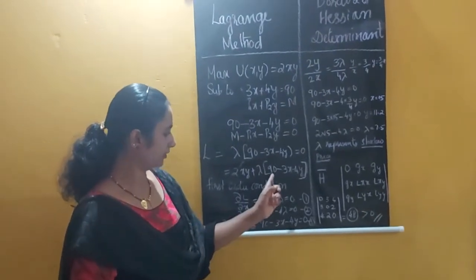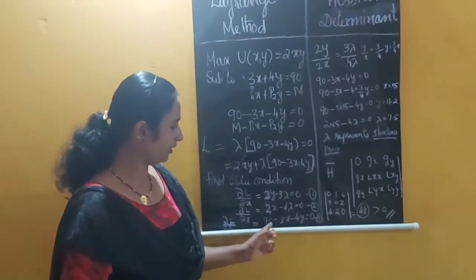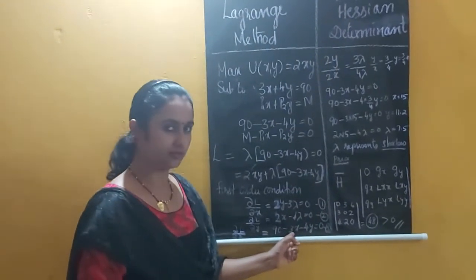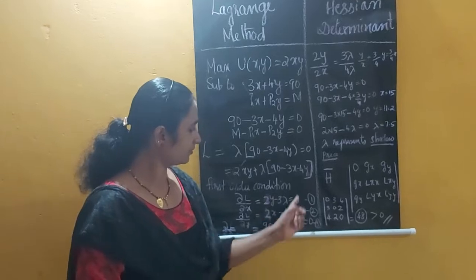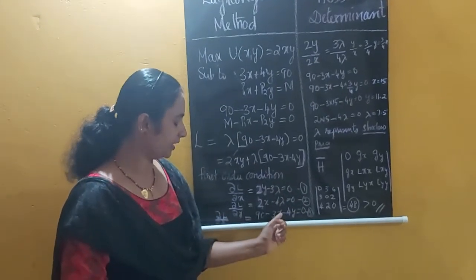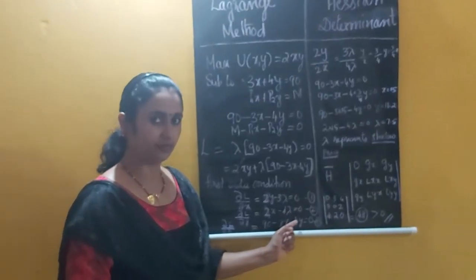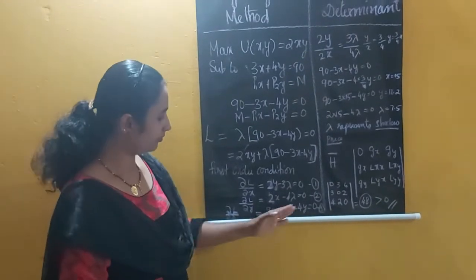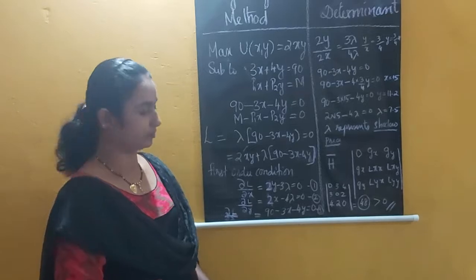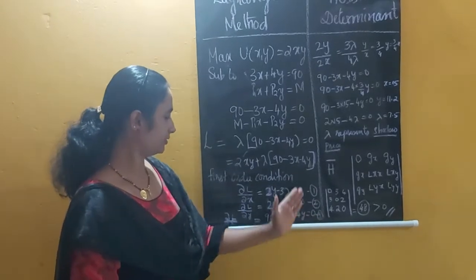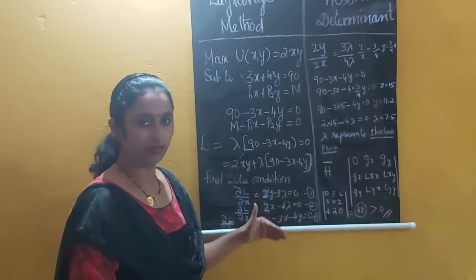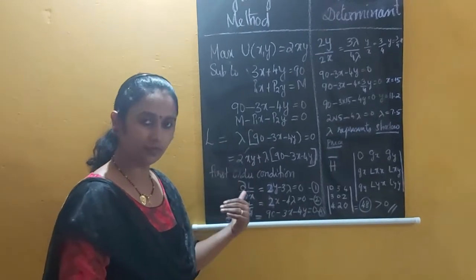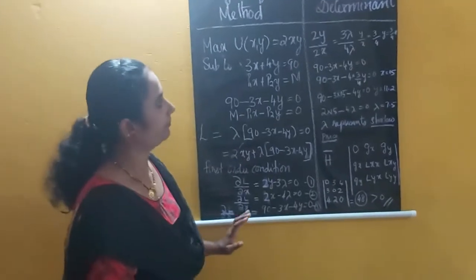So 90 lambda will give you 90, minus 3x lambda will give you minus 3x, and minus 4y lambda differentiated with respect to lambda will give you minus 4y, and we are putting it equal to 0. So these three equations we derive by partially differentiating with respect to x, y and lambda.